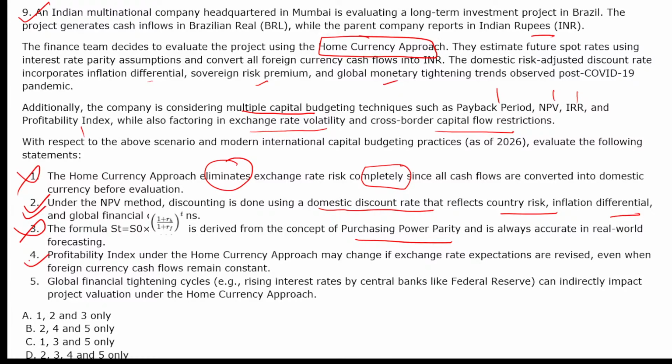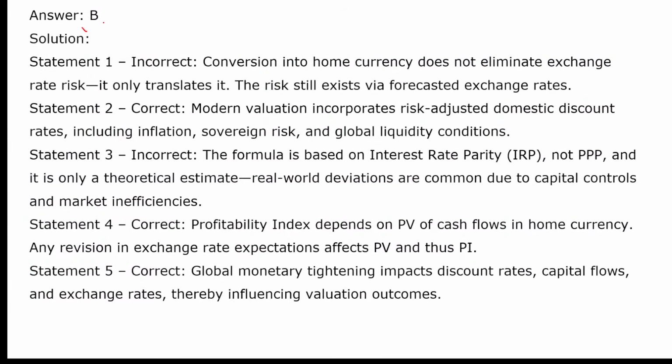Correct. If my exchange rate expectation is different, then PI will also be revised. Statement 5: Global financing tightening cycle can indirectly impact project valuation under home currency approach. Correct. So only 1 and 3 are not correct. So B is the correct answer. 1 and 3 are incorrect.